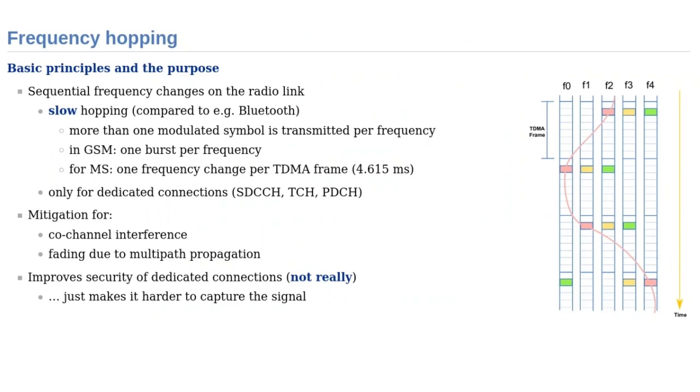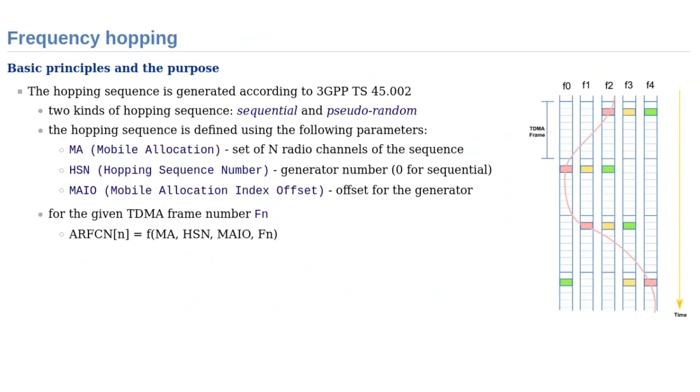And there is a myth that it improves security of dedicated connections. It definitely doesn't make interception impossible, it just makes it harder. Nothing special about that in terms of security.